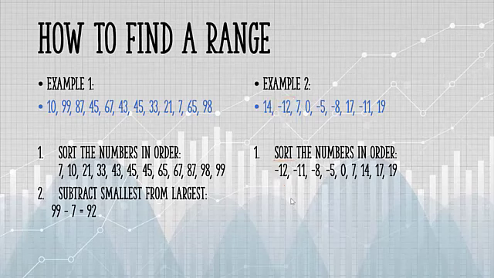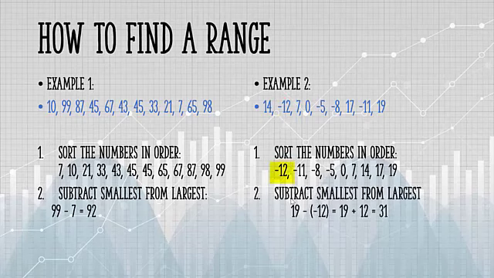Next, subtract the smallest number in the set from the largest number in the set. So we have 19, and I'm going to subtract minus 12. Those two negative signs become a positive, so we have 19 plus 12. That equals 31, and that's my range.